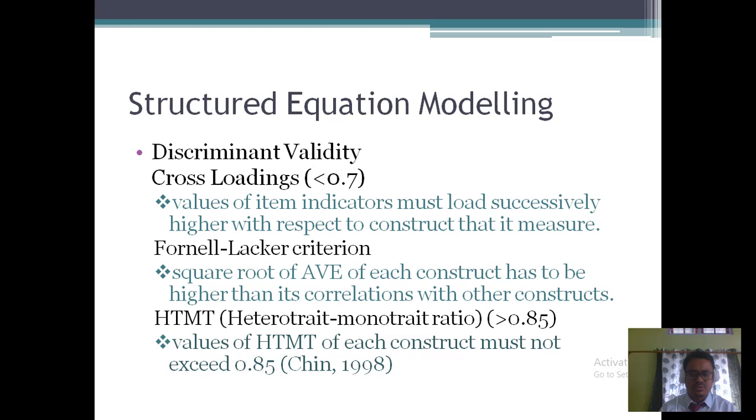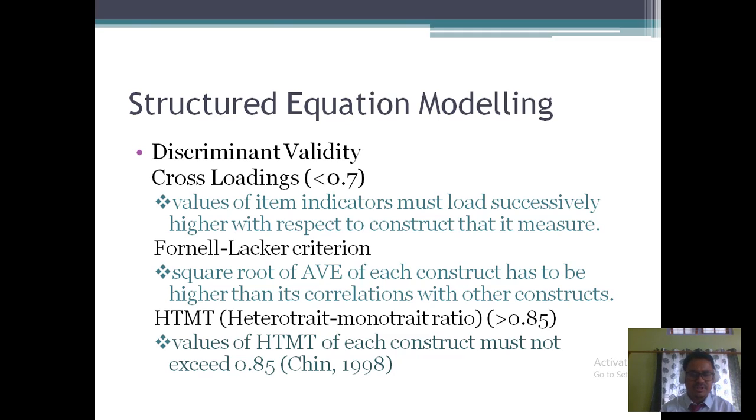The second criterion is to examine the Fornell-Larcker criterion. This is also an important criterion in order to establish discriminant validity. According to this measure, the square root of average variance extracted of each construct has to be higher than the inter-construct correlation.